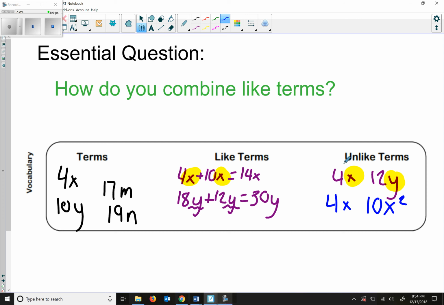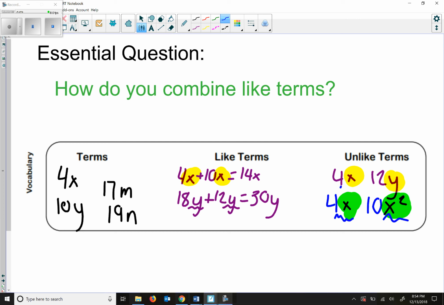This x and the x squared are not the same thing. An exponent is just that little 2 you see up in the corner. Those are not like terms, so you cannot combine them at all.